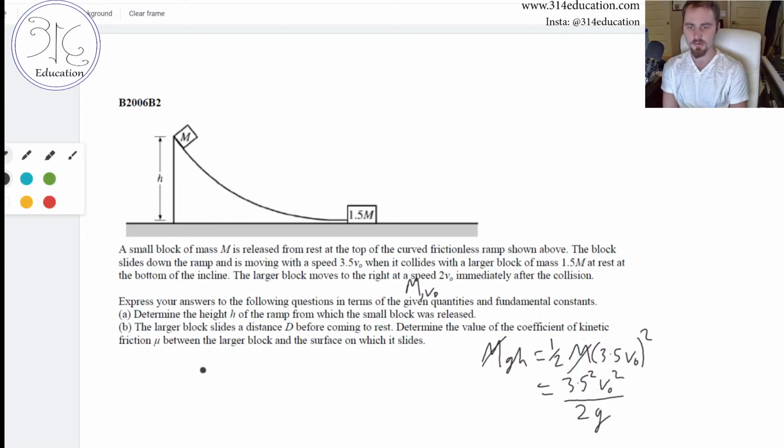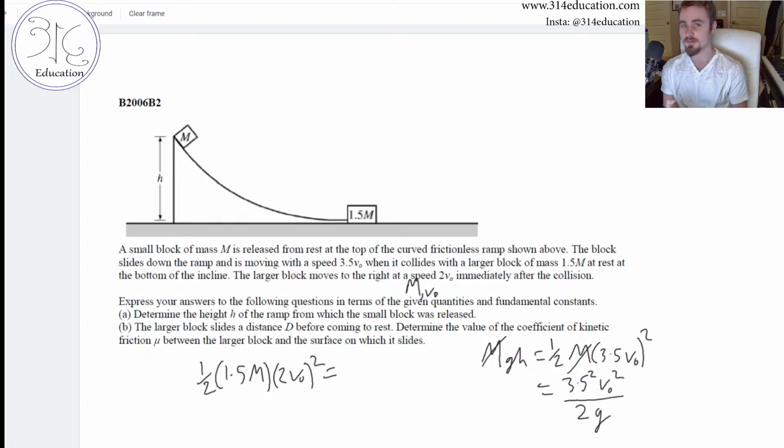This larger block starts traveling with a kinetic energy of 1/2 times 1.5 m, and then our v is 2v naught, squared. And then this is going to equal, for all this energy to get siphoned away by friction, this has to be work done by the force of friction. So that's going to be the force of friction, mu times our normal force.